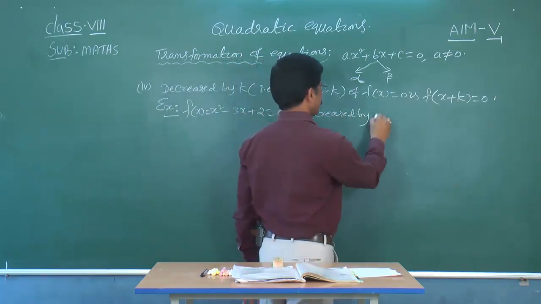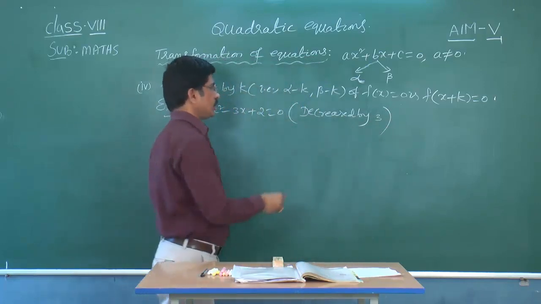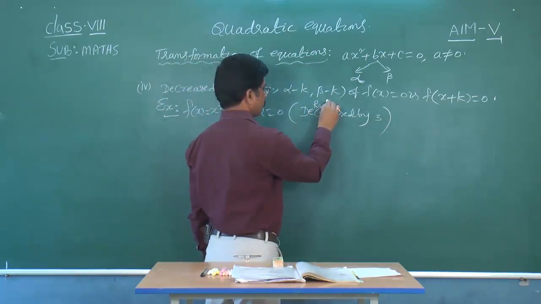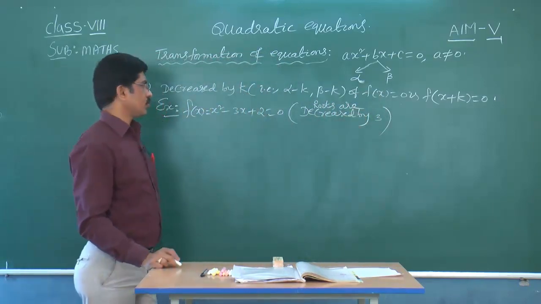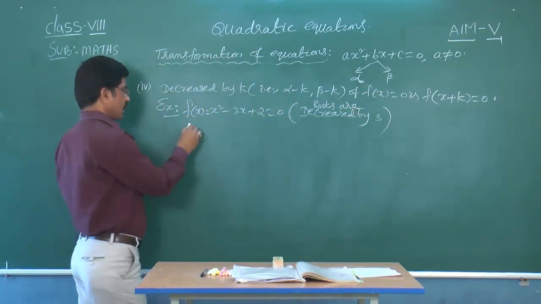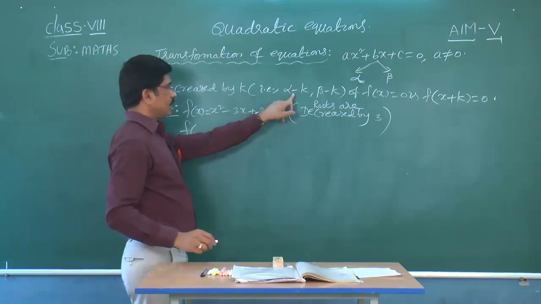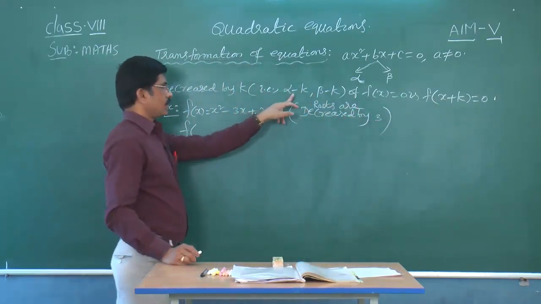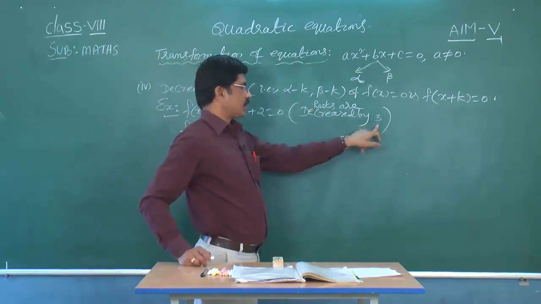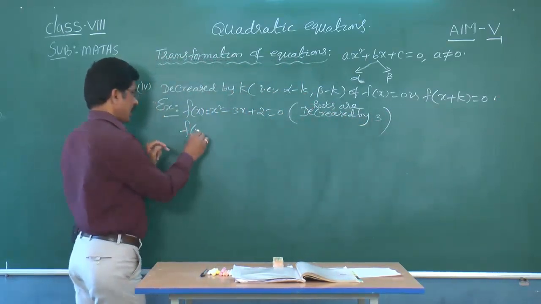Roots are decreased by 3. For decreasing, we get the required equation with plus. Decreasing is minus k, decreasing is minus 3, so the required equation is f of x plus 3.